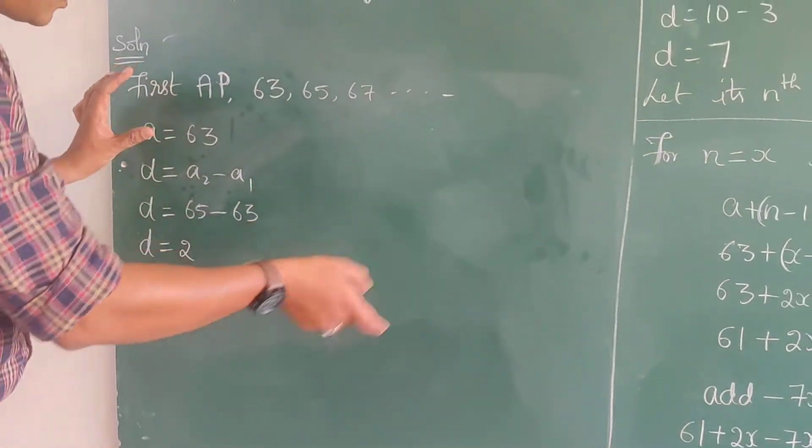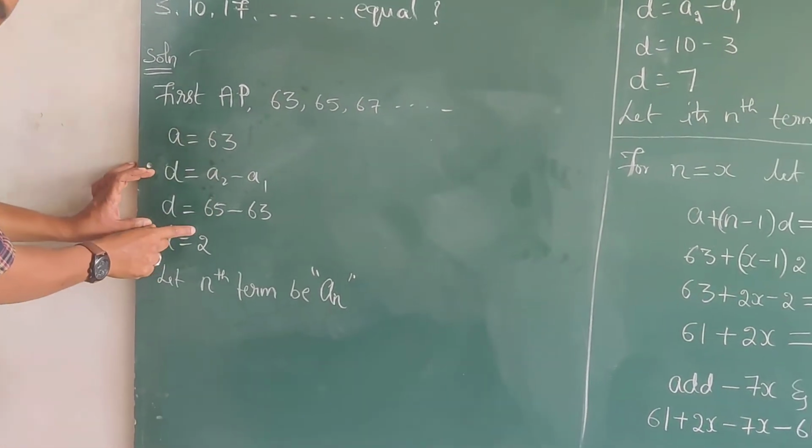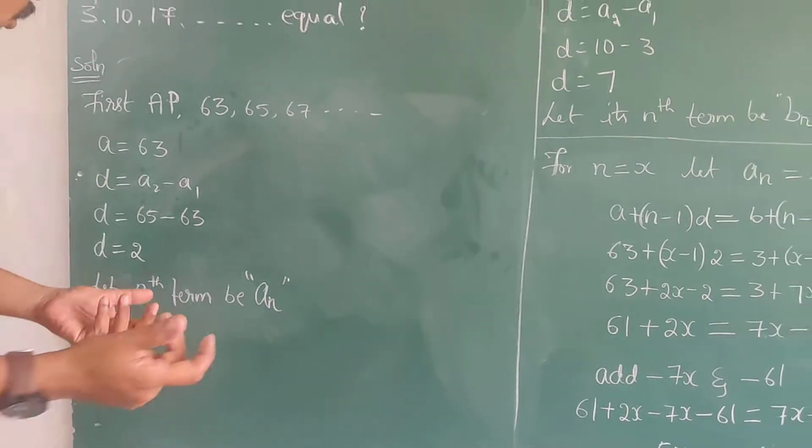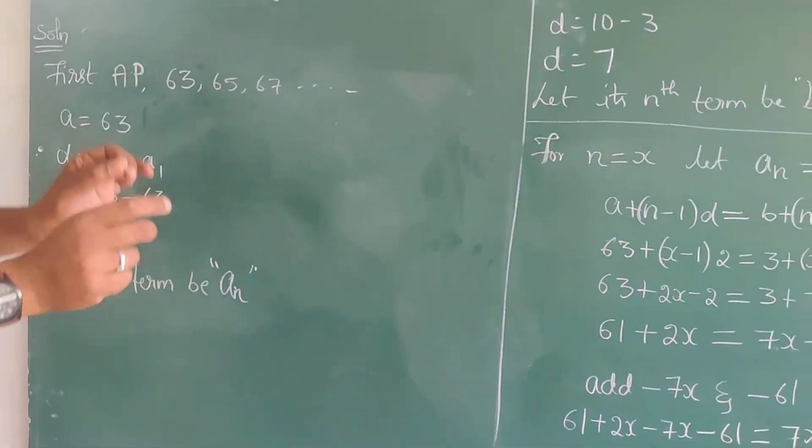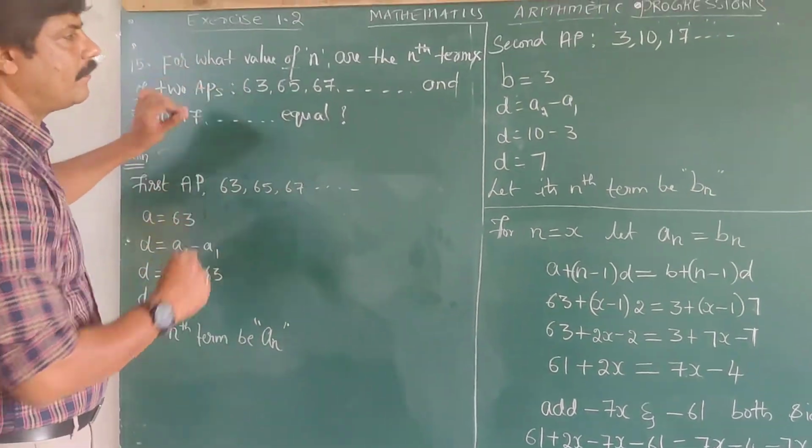So from this we have the first term and common difference, and we have assumed the nth term as an. This is the data we have collected from AP1.